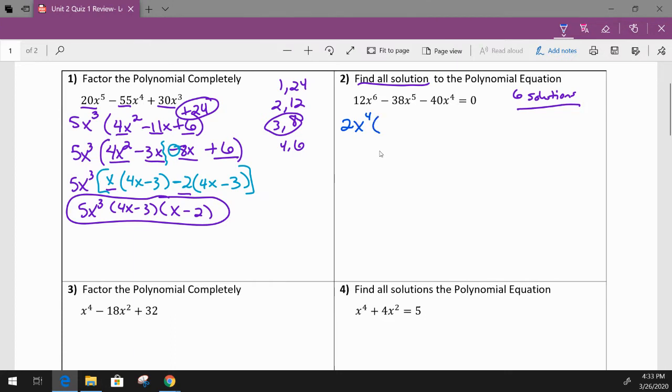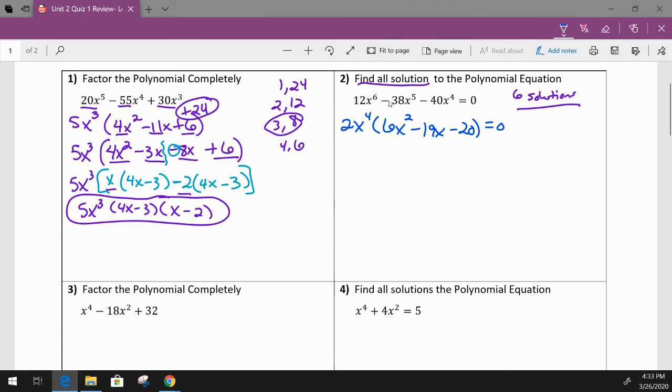So now, if I divide all these terms by 2x to the 4th, I'm going to get 6x squared minus 19x to the 1st, and then minus 20. Because 12 divided by 2 is 6, negative 28 divided by 2 is negative 19, negative 40 divided by 2 is negative 20.